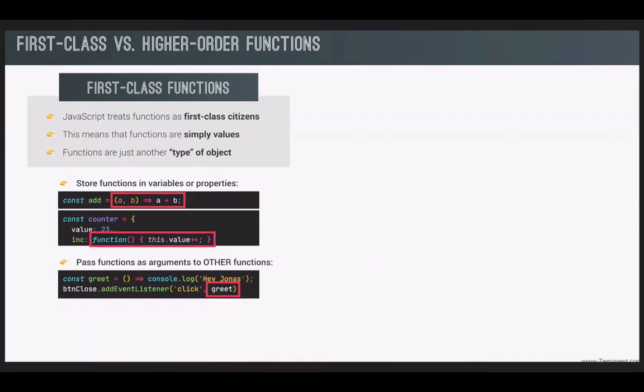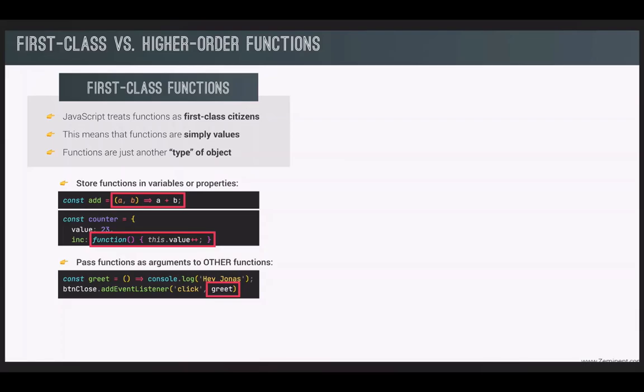We can also pass functions as arguments to other functions, and we already did that before when adding an event listener, or event handler, to DOM objects. Here we have the addEventListener function, which you already know, and we clearly pass the greet function into addEventListener as a value, right?